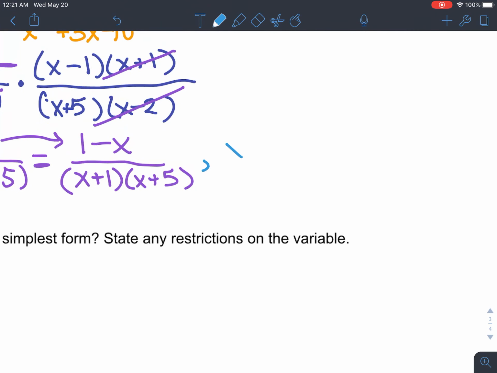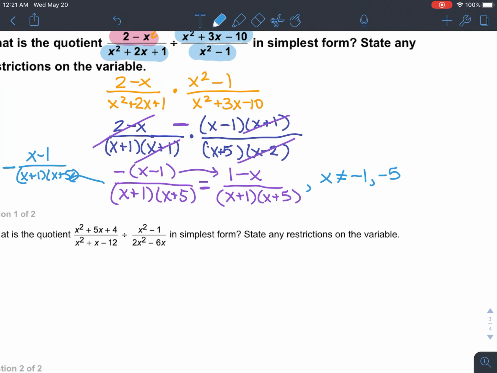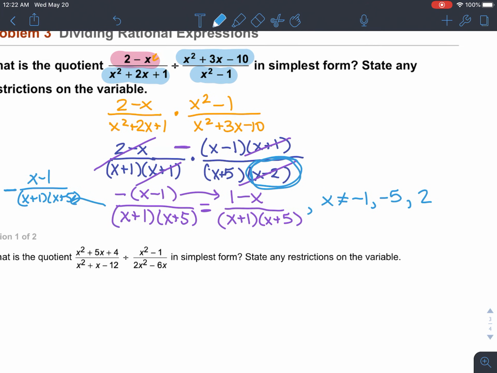Okay, but of course, don't forget to say what x can't be. So just from the end, I know x can't be negative 1 or negative 5, but remember, that's not the only place I have to look. So let's go looking around. Right here, right? x can't be 2. All right, let's go look even farther.